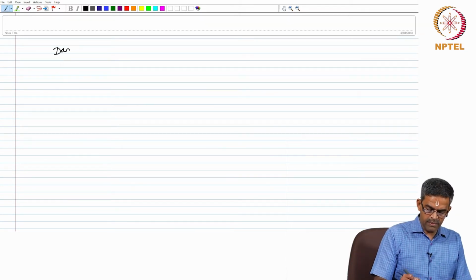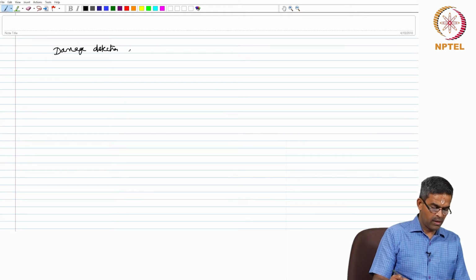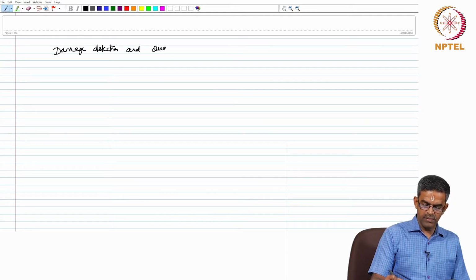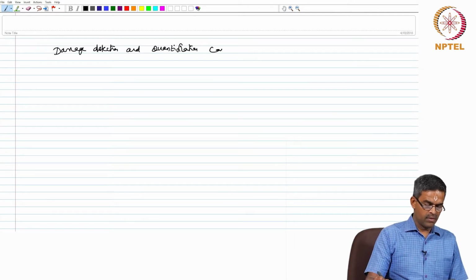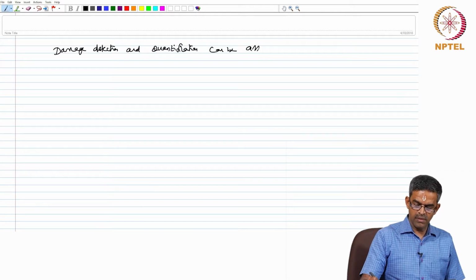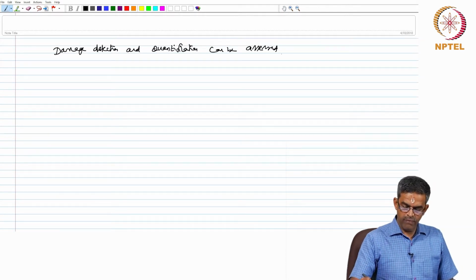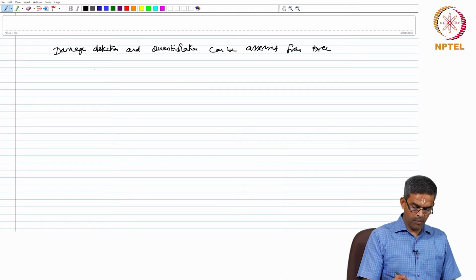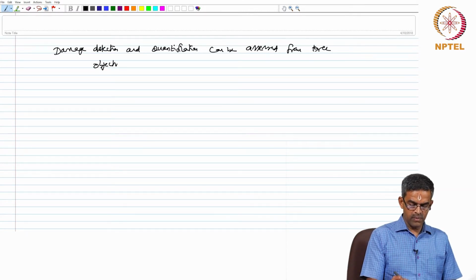Damage detection and quantification can be assessed from 3 objective functions as given below.